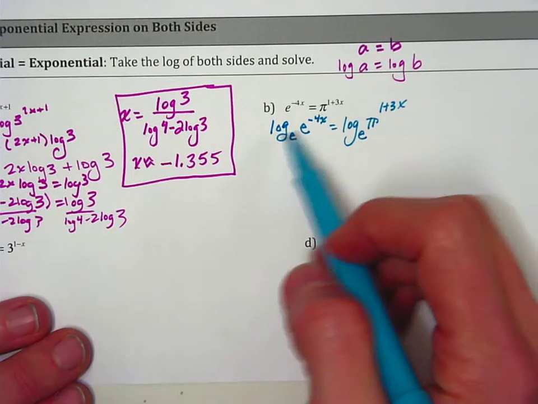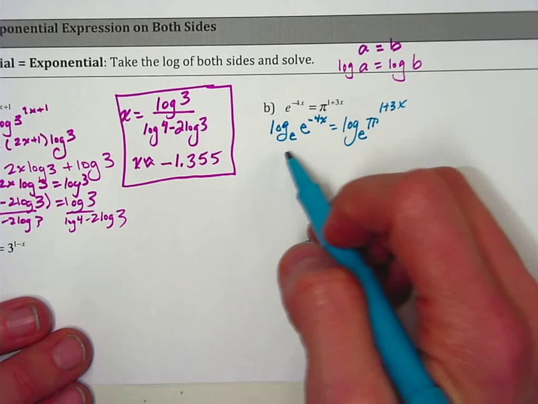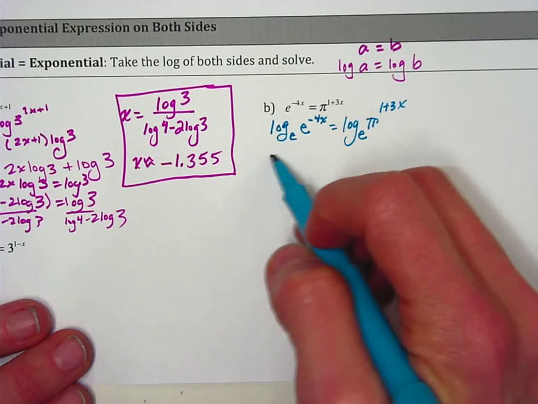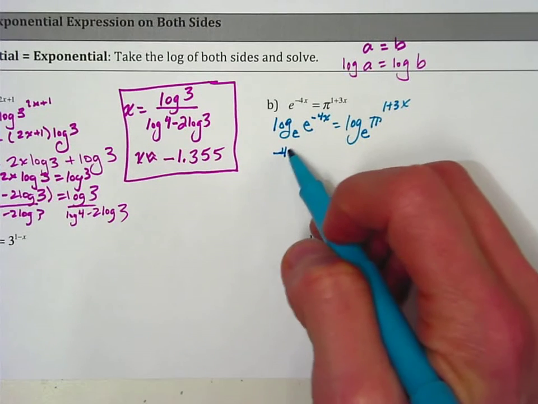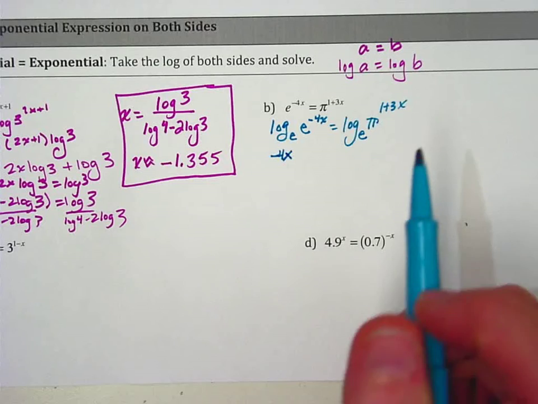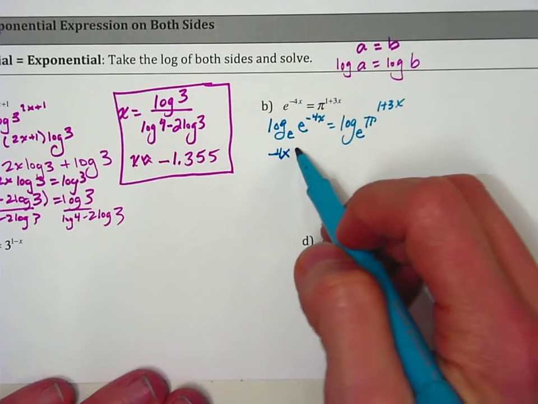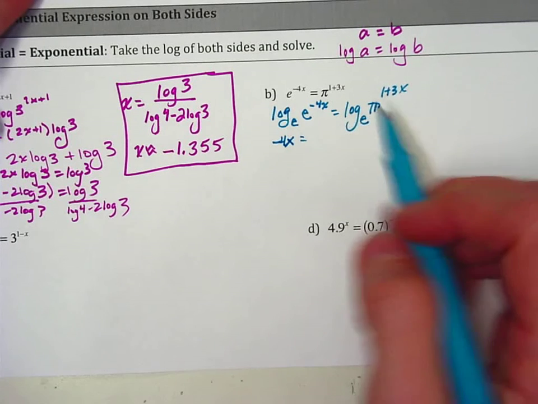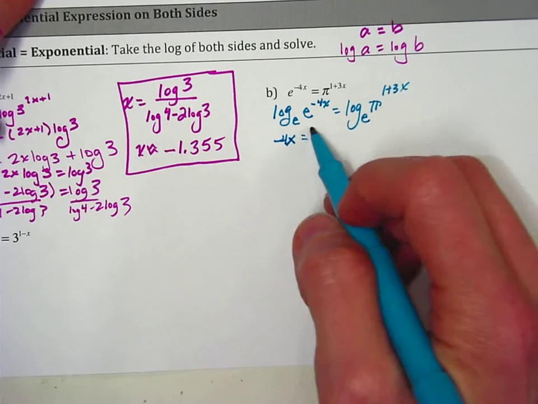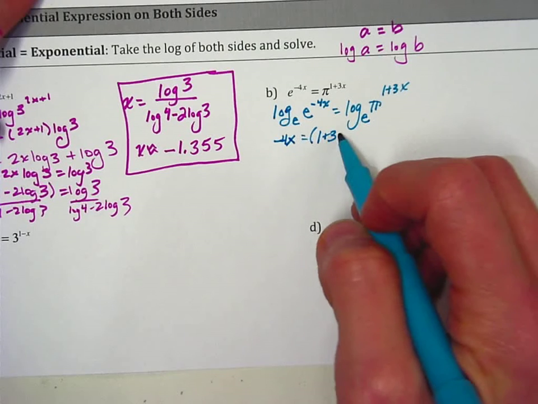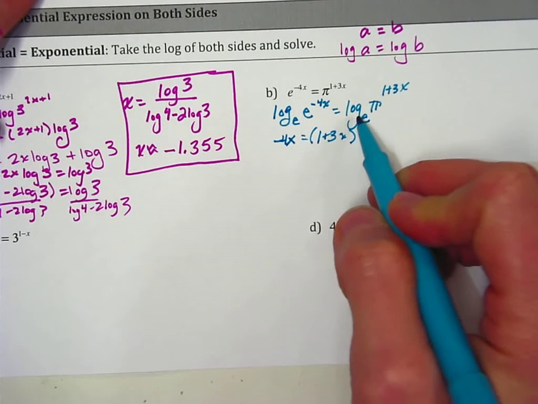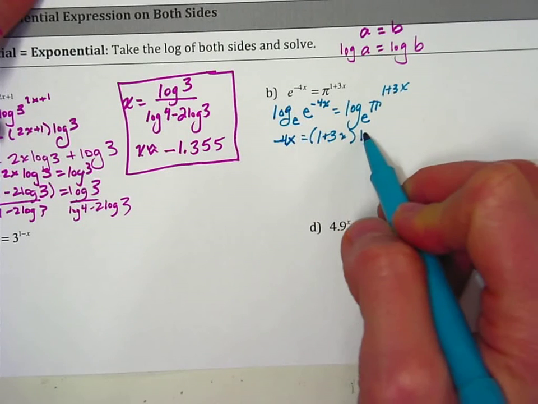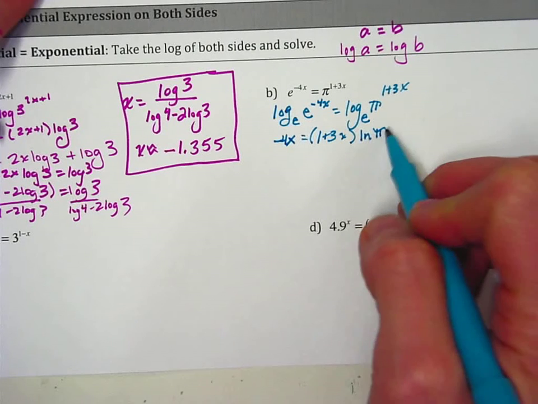Now on the left-hand side, we purposely chose this so this part would cancel out. So now I'm left with negative 4x. And then on the right-hand side, I'm going to use the power rule. So what I need to do is bring this in front, so I get 1 plus 3x. Instead of putting log base e, I'm going to switch to the natural log of pi.